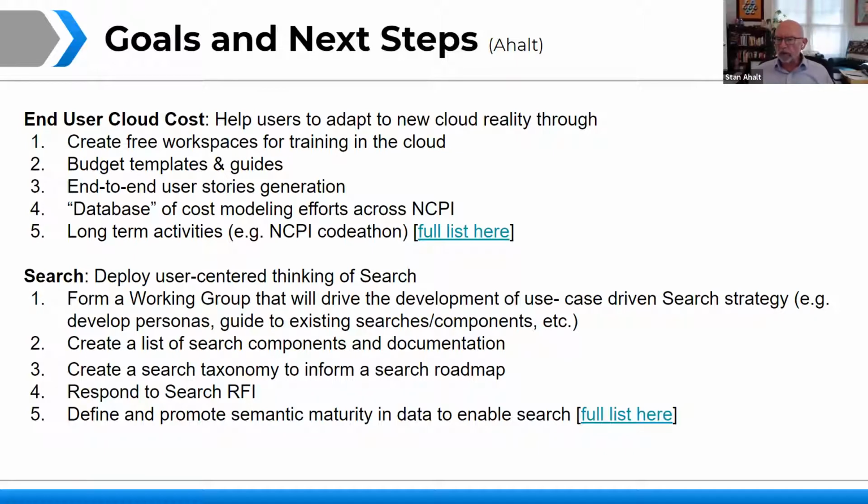I don't know if Susan is still with us on the phone call, but we probably need to collectively respond to that, or at least as small groups, make sure that we have our input, because the workshop that will be held is likely to have an impact on where the search activities, research activities in search go in the future. And then defining and promoting semantic maturity in the data is clearly a high priority.